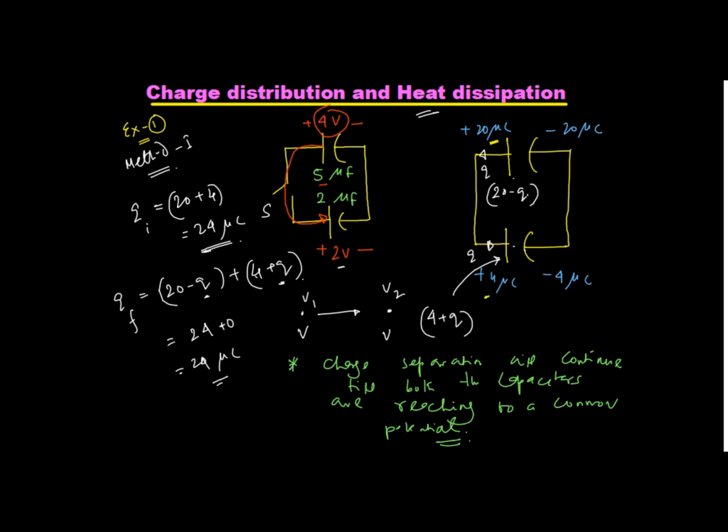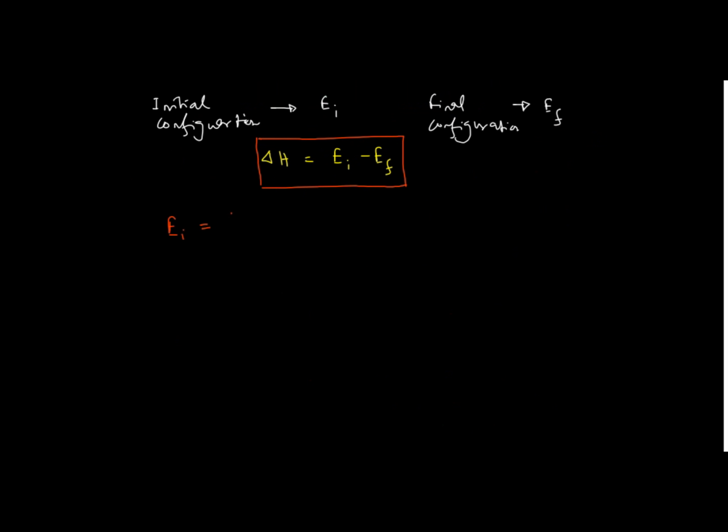So half C V square: 5 into 16, and for this half into 2 into 4. So I can write half into 5 into 16 plus half into 2 into 4. How much does it come? It comes to be, this is 8. So 40, 2 to cancel, 40 plus 4, that is 44 microjoule.